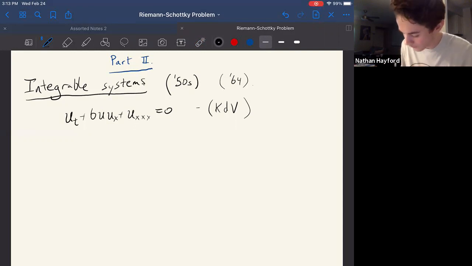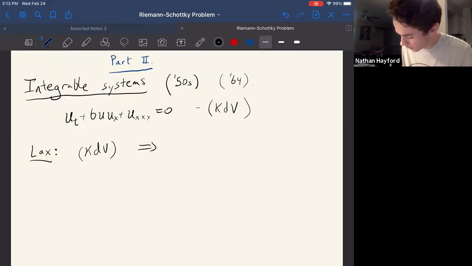This formulation is due to Lax, and I'm again going to skip over a bunch of details, but Peter Lax says that this equation, which I'll call KdV, is equivalent to the compatibility of two linear differential operators, which I'll explain in a second.